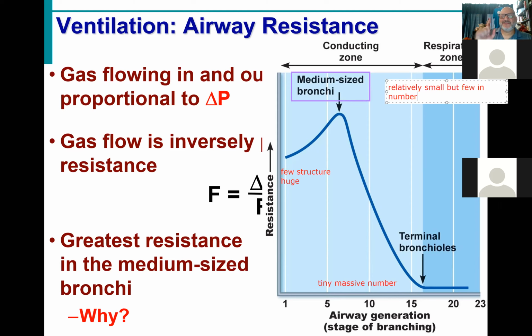If you think about it, this is also the area where we are starting to get the breakup of the cartilage rings, and we have more smooth muscle. So these are the bronchi where we are more easily able to change the diameter, and if we change the diameter of those, that is going to have a bigger effect on our flow of air.